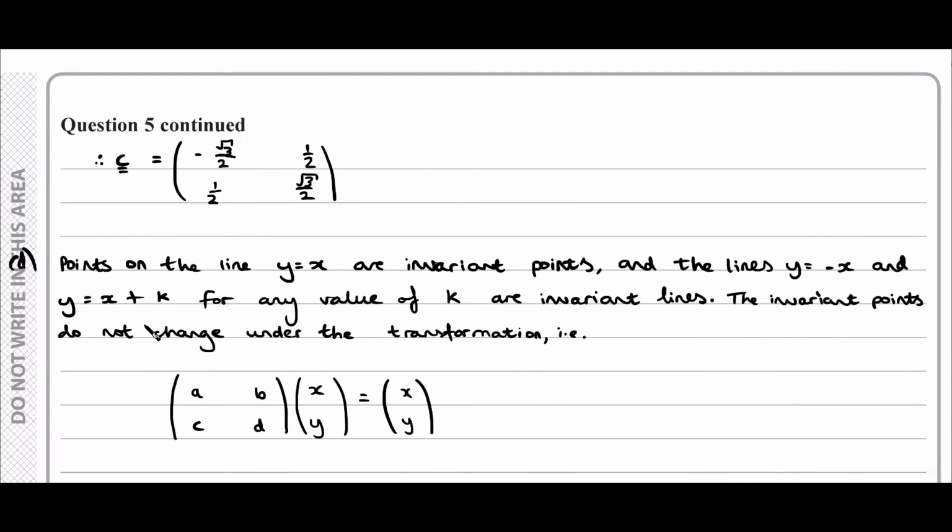The points on the line y equals -x are invariant points, and the lines y equals -x and y equals x plus k for any value of k are invariant lines. The invariant points do not change under the transformation. In other words, if we've got a matrix transformation represented by A, B, C, D, and we've got some point x, y, because the points don't change under the transformation, we'd still end up with x, y when we apply this transformation matrix.